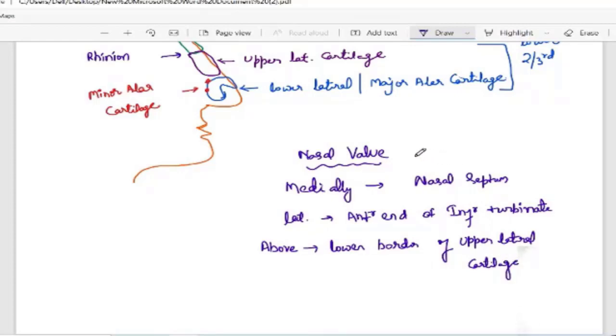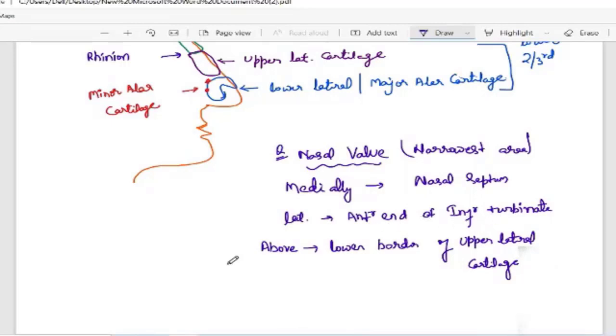And this is the narrowest area of the nose.